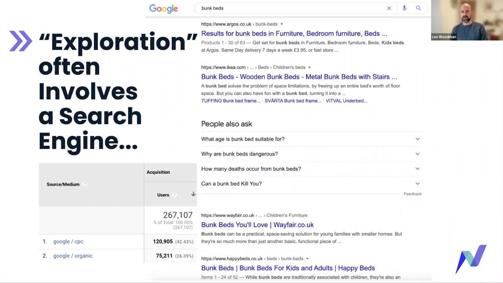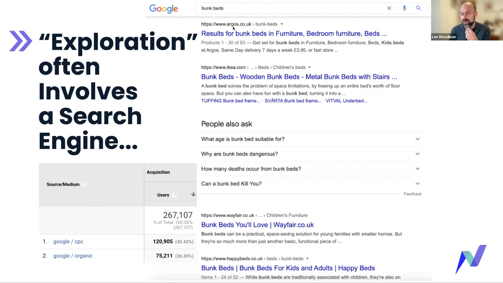So if it's a new topic or you want to learn new things, we go to a search engine and we do queries. So if I search for bunk beds, we got Argos, we got IKEA, 2 brands that we recognize pretty well. But both of those, when you actually get to their websites, they don't actually articulate their EAT very well, because they're well-known brands.